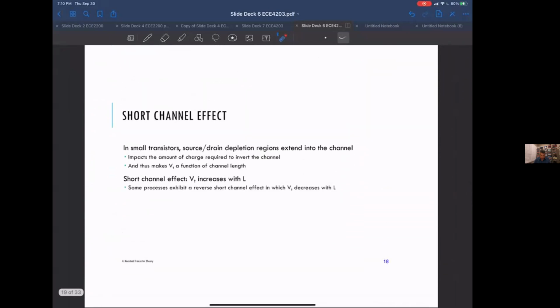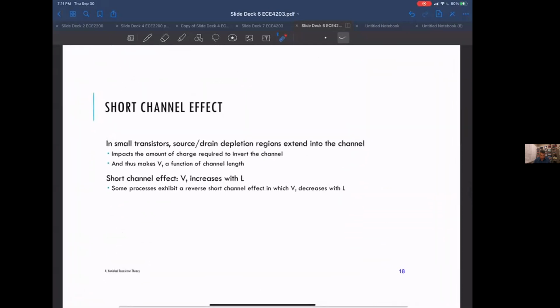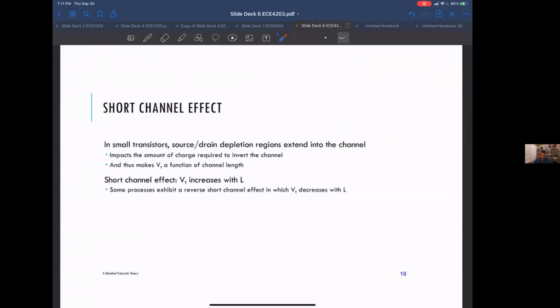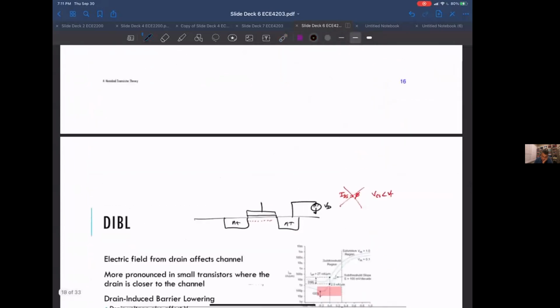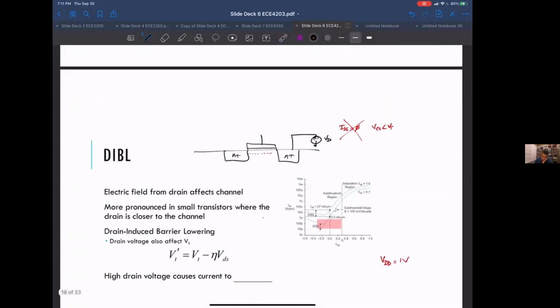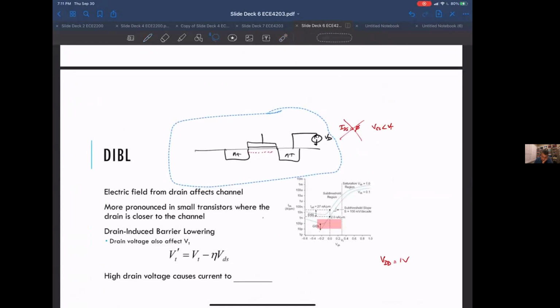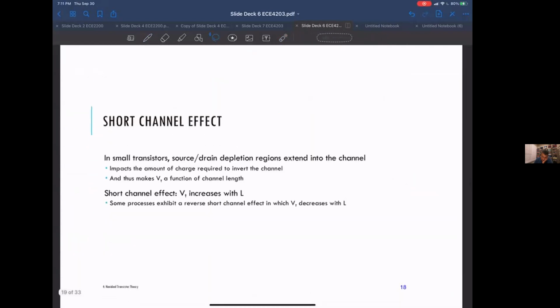Okay, and then finally, there are these short channel effects. I'm just drawing the same thing, I just copied it over. The next effect, again, has to do with your drains.